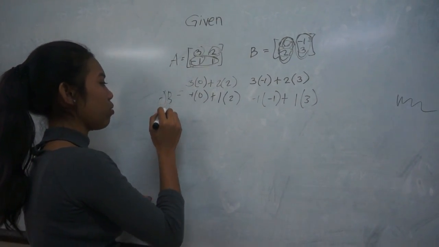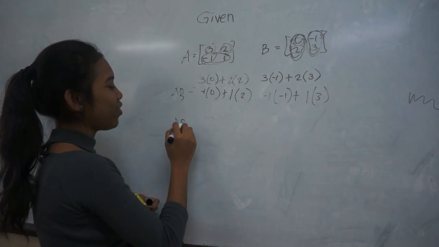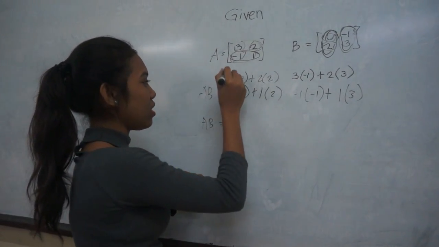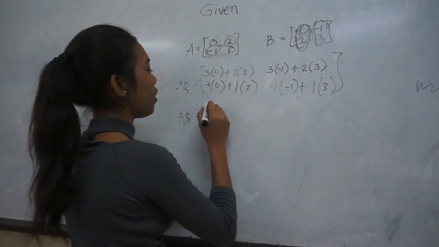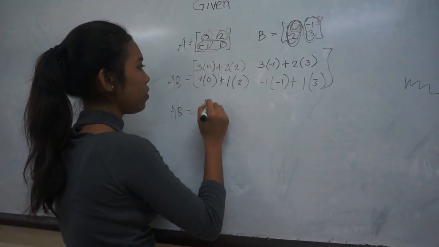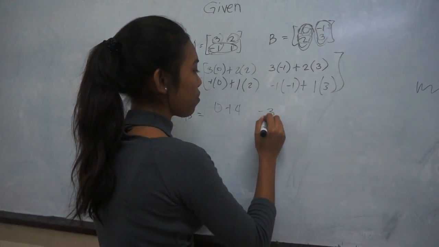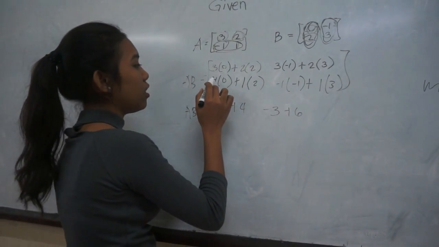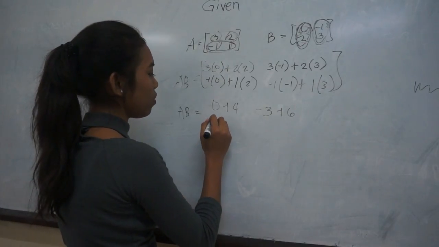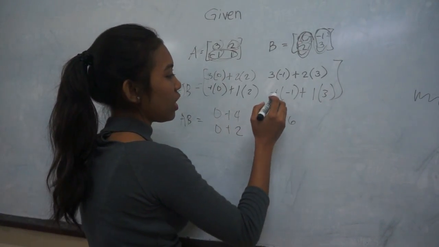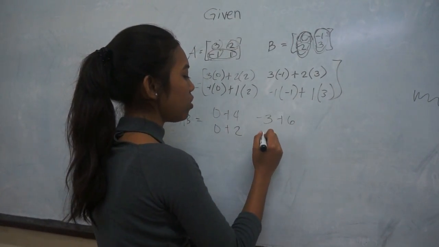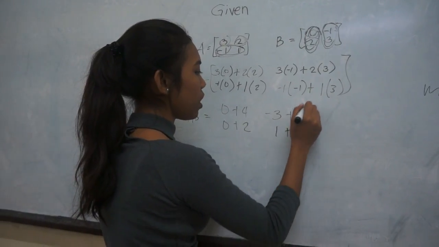Next thing we do is to multiply these numbers. 3 times 0 is equal to 0 plus 4. 3 times negative 1 is negative 3 plus 6. Negative 1 times 0 is equal to 0 plus 2. Negative 1 times negative 1 is equal to positive 1 plus 3.